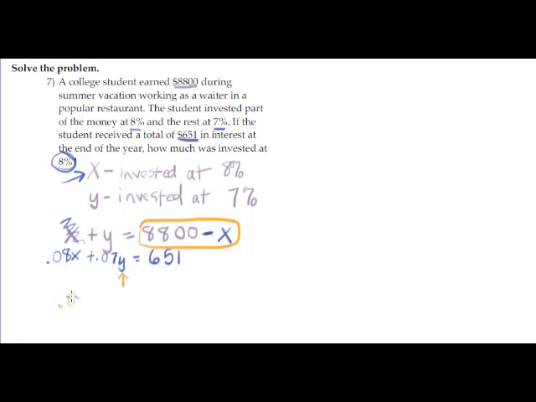So that gives me 0.08x plus 0.07 times 8800 minus x equals 651. So I need to distribute.